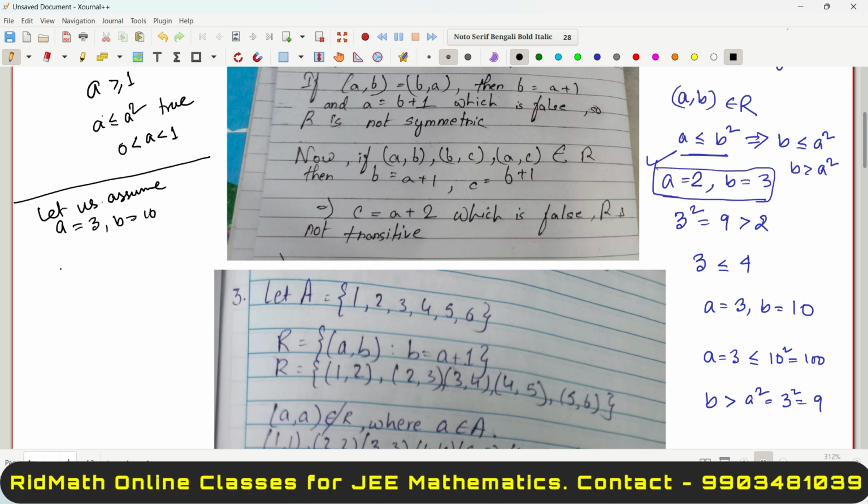For this, (3, 10) belongs to R but (10, 3) does not belong to R. That implies R is not symmetric.